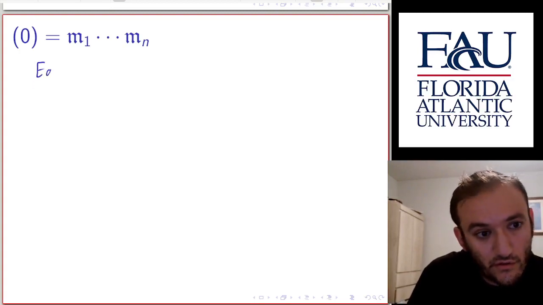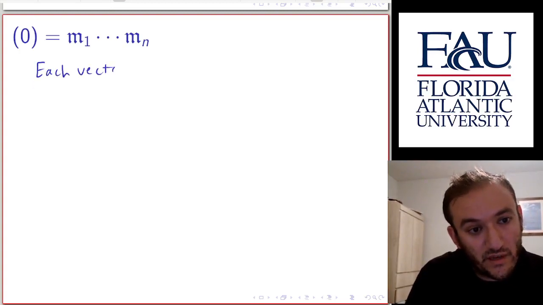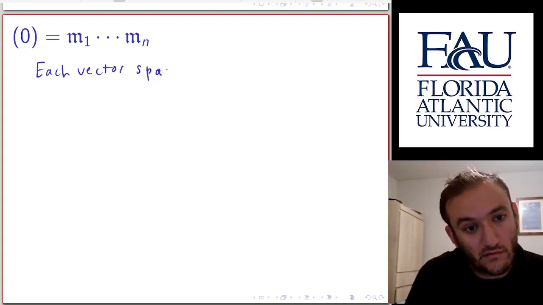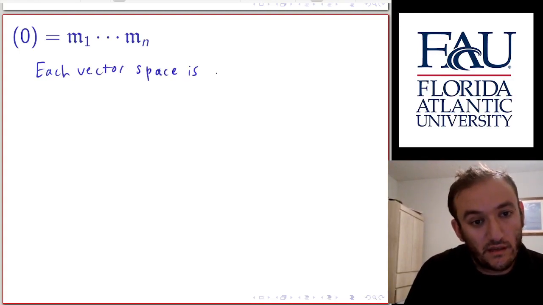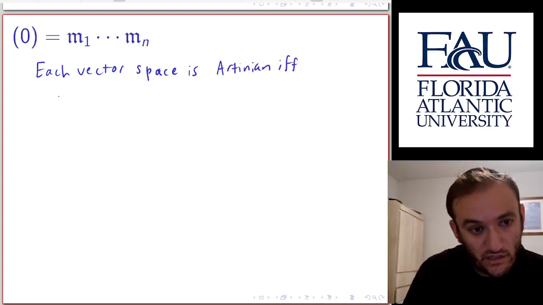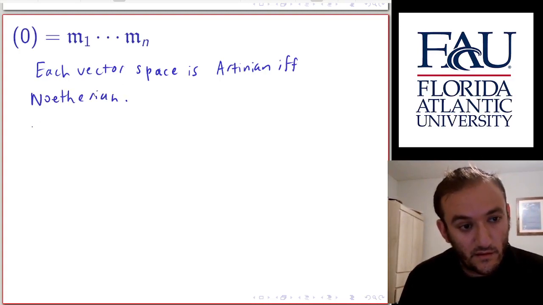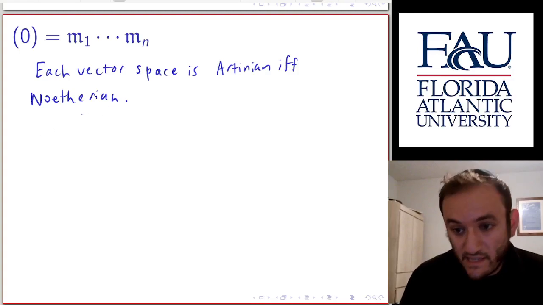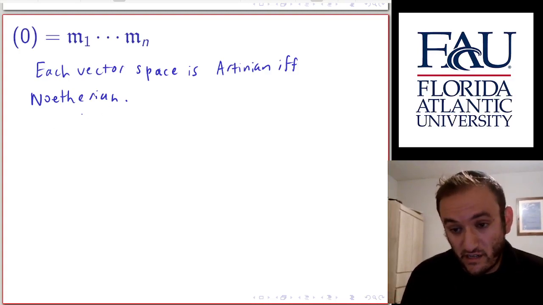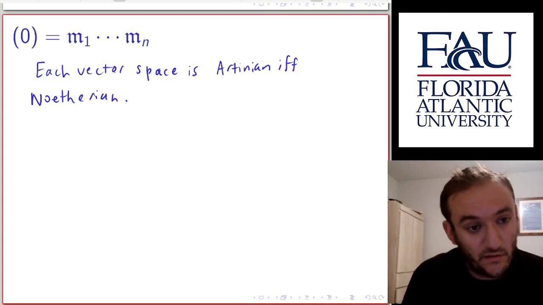So each vector space is Artinian if and only if Noetherian by the last result we just proved. So that means that each factor is Artinian if and only if it's Noetherian.